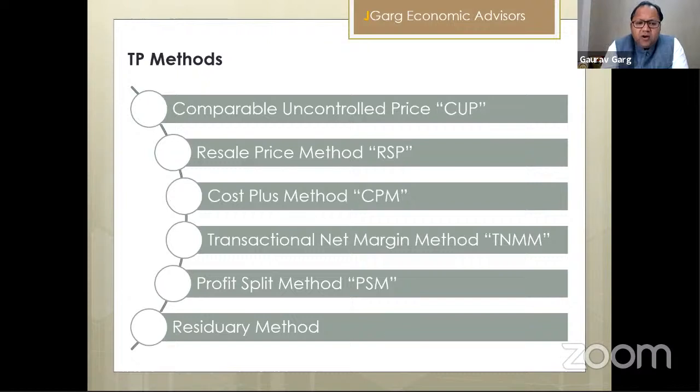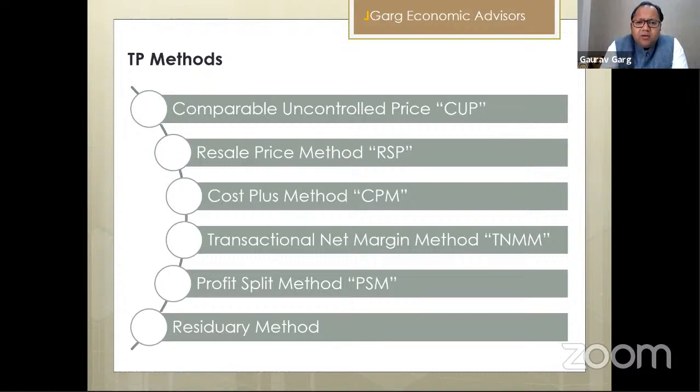We find out the cost and then add a markup on it. It is important to find the least complex entity, what we call the tested party, which should be involved in manufacturing or service functions. Then we identify the direct and indirect costs of production or services and add a markup on the same. The markup comes from the arm's length range.